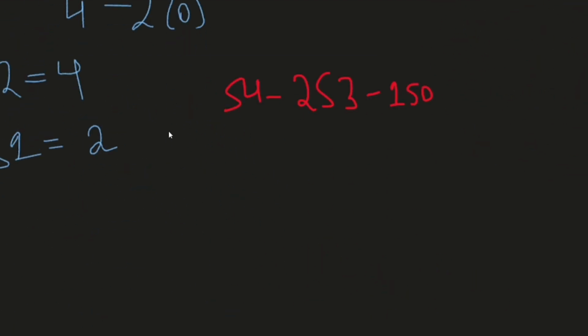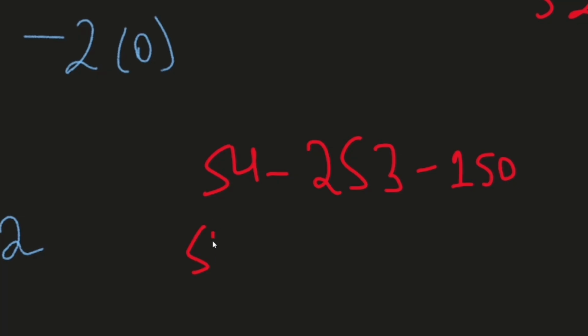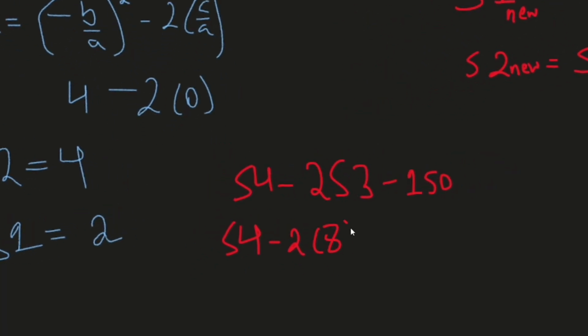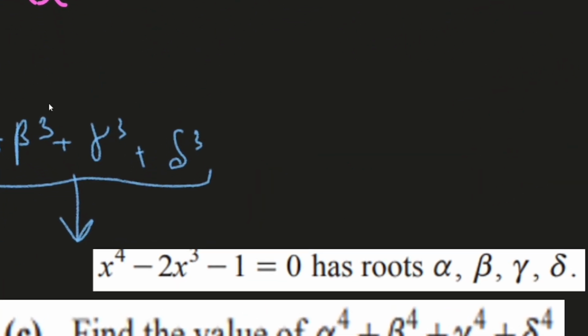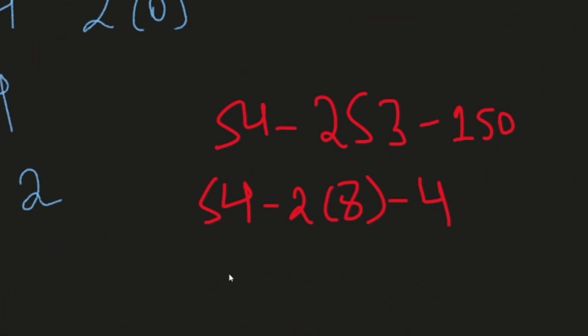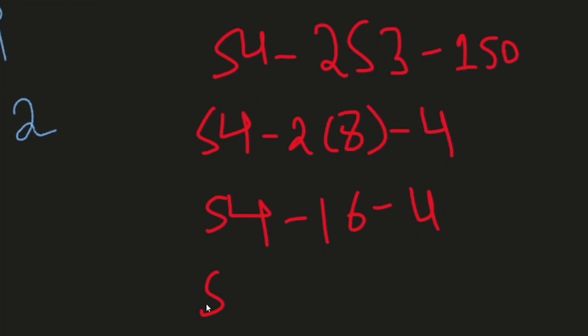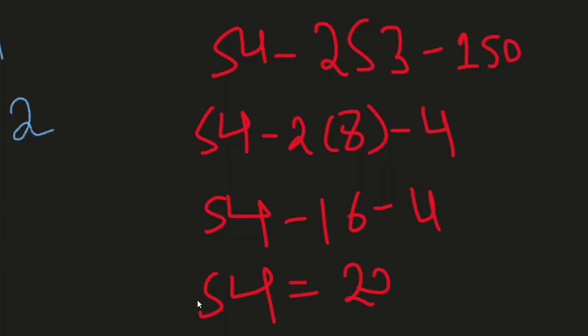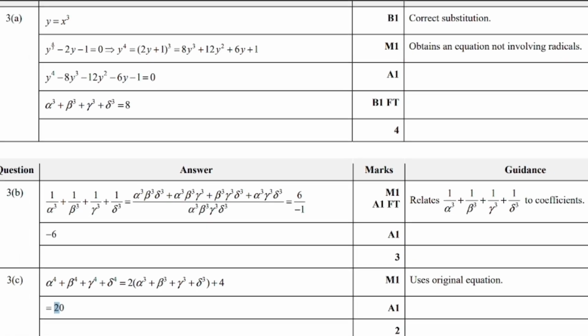So using recurrence, we will end up with this. We can now simply make S4 the subject. So S4 is equal to 2 times S3, which was 8, minus 4, as the value of S0 is the same as the degree of our original equation. So yeah, this would be S4 equals 16 minus 4. This would be S4 equals 20. This is our final answer. Let me recheck it. Yeah, S4 is equal to 20.